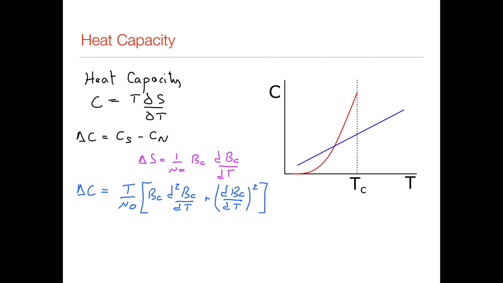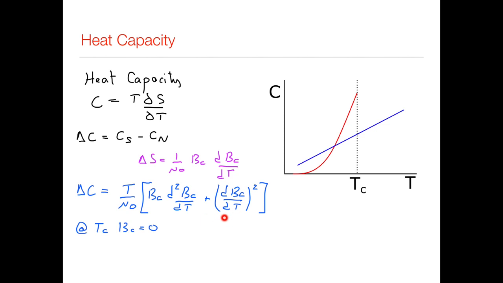Now what happens at the transition temperature? At Tc, we know that Bc is equal to 0. So that means that this first term goes away. This term we can get rid of at the transition temperature, but not this term.